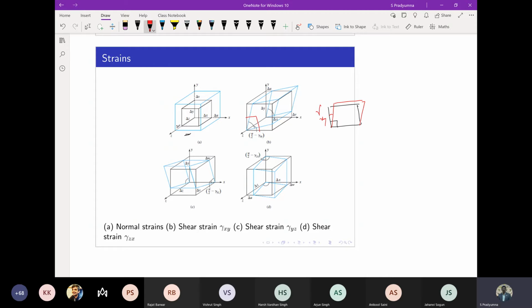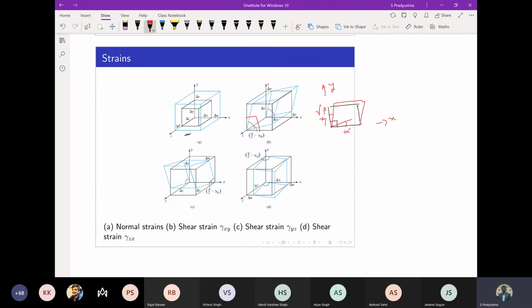If you are looking at the xy plane, this is the x and this is the y. So there is a change in the angle which was earlier pi by 2. Now it has changed to this. It can be like this, then there will be an angle here also. If you consider this is alpha, this is beta, I can say that alpha plus beta is equal to gamma xy. But I'm only considering one location.